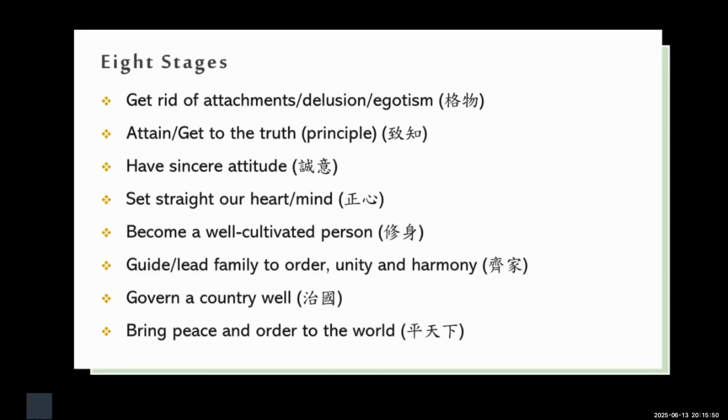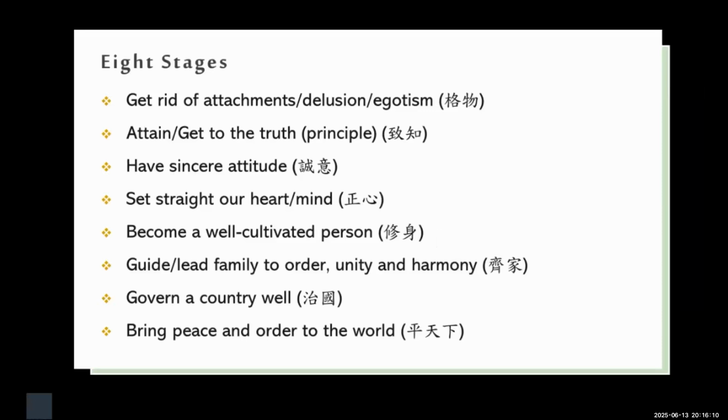Okay, so after we have done the first 4 steps, then we can say we are cultivating, or we are a well-cultivated person. And then from this, we extend outwards towards our family.